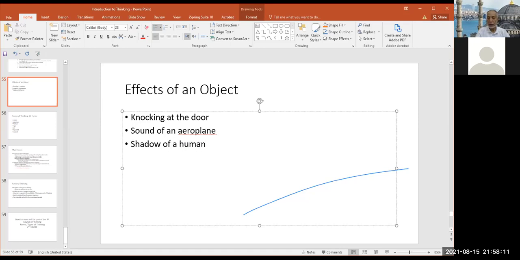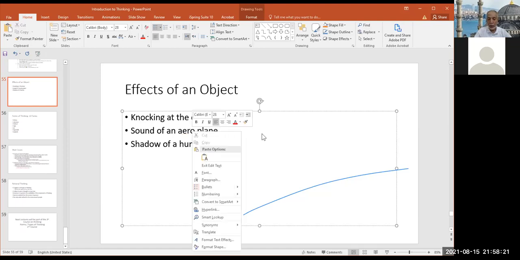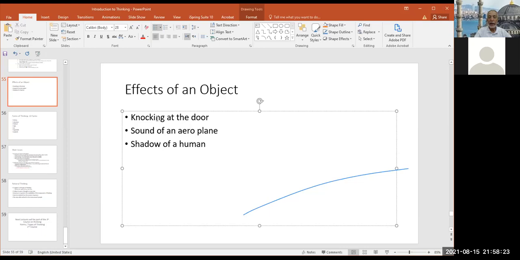So I did not see the human, I saw the shadow. So now I have to pass a judgment on the human. Whose shadow is this? I see a shadow, so someone might be approaching me. I hear a knocking at the door, so I assume there is someone behind the door.